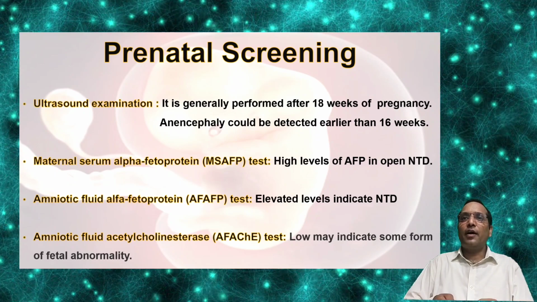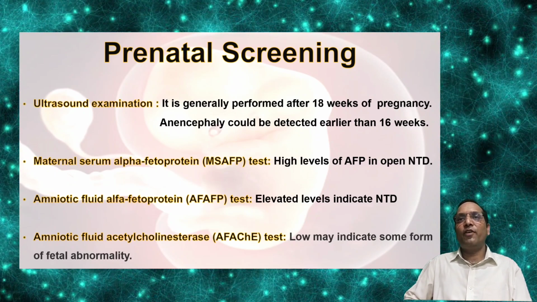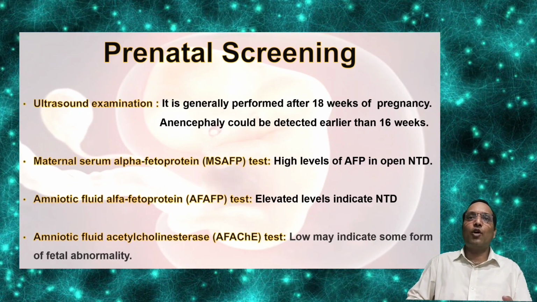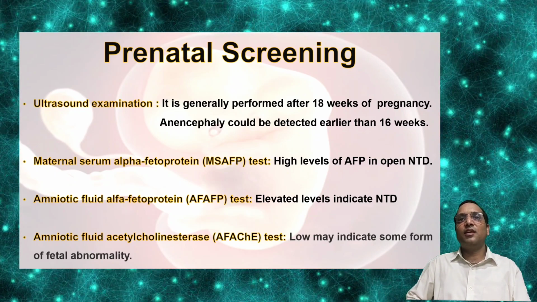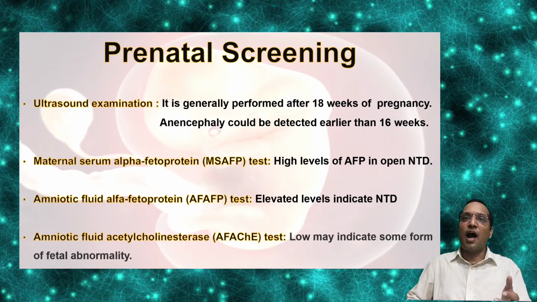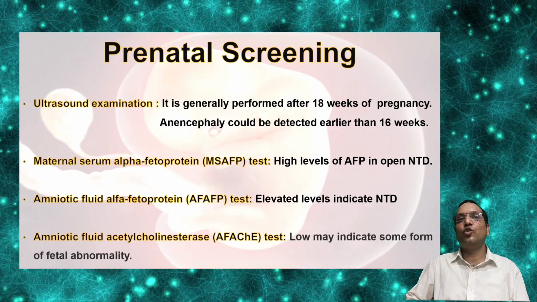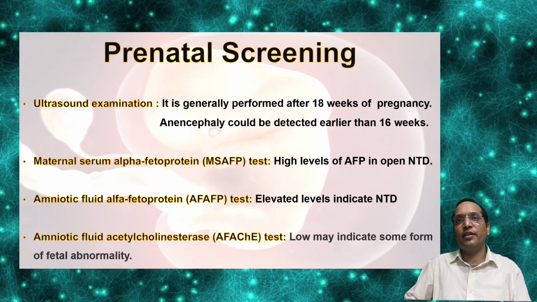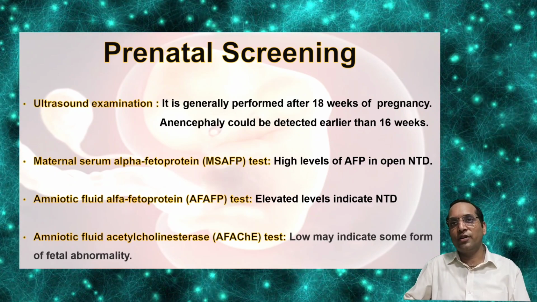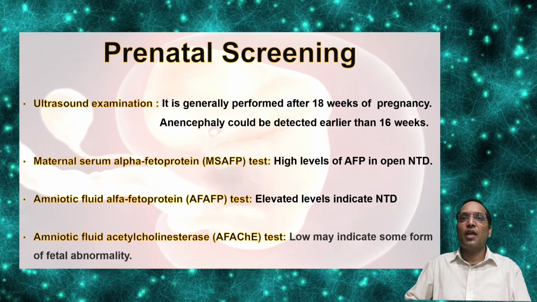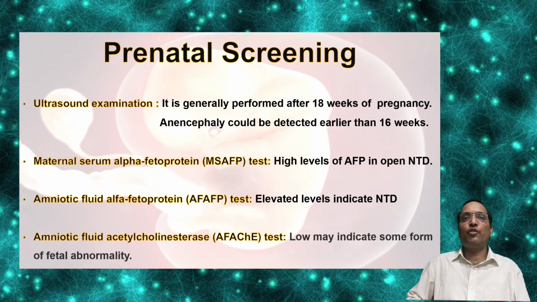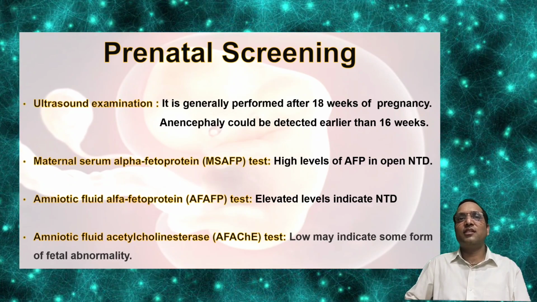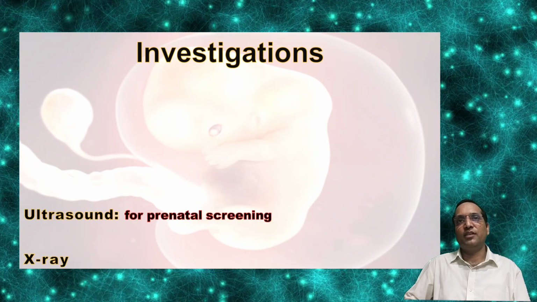Due to the opening of the neural tube defect, alpha-fetoprotein leaks into the serum of the mother, so maternal serum alpha-fetoprotein level is high in neural tube defect, and amniotic fluid alpha-fetoprotein level is also high. Amniotic fluid acetylcholinesterase level may be low, which indicates some form of fetal abnormality.